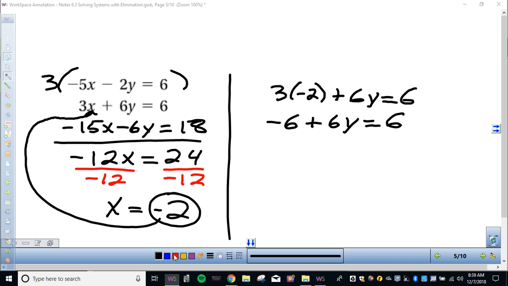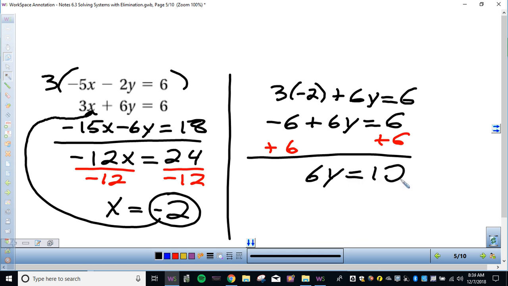Add 6 to both sides. Excellent. And then Xavier, what's the last step? Yeah, good. Divide by 6 on both sides. Excellent. Y equals 2. So my ordered pair then would be negative 2, positive 2.